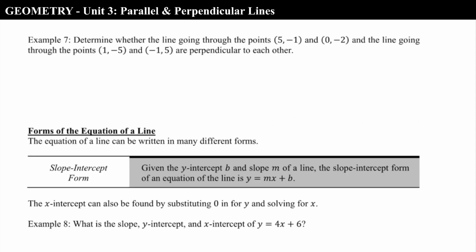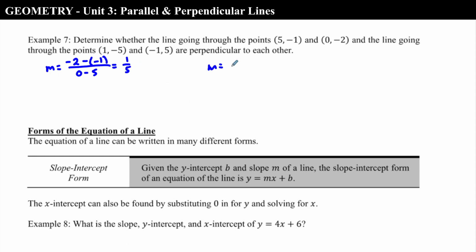All right, let's take a look at an example where we don't know the graph. So again, we're just going to plug it into our slope formula. Let's do -2 minus -1 over 0 minus 5. That's going to give us -1 over -5, which is 1/5.